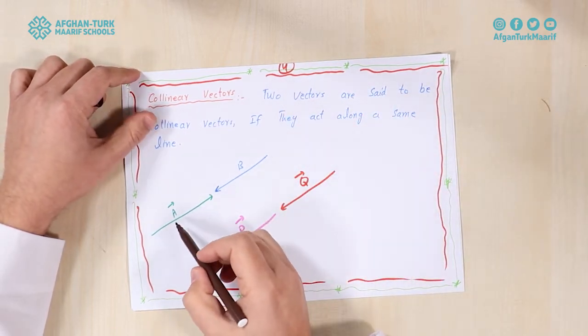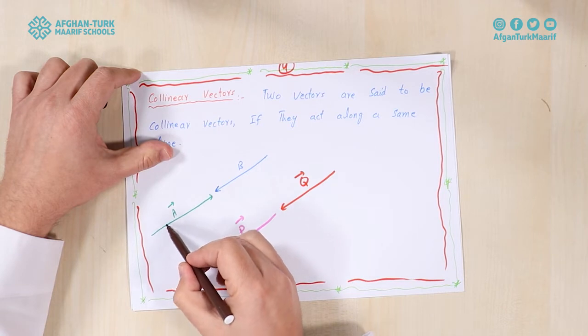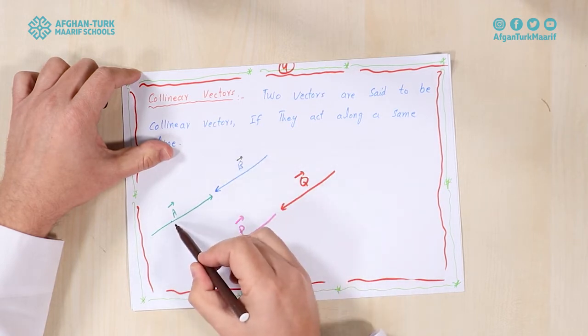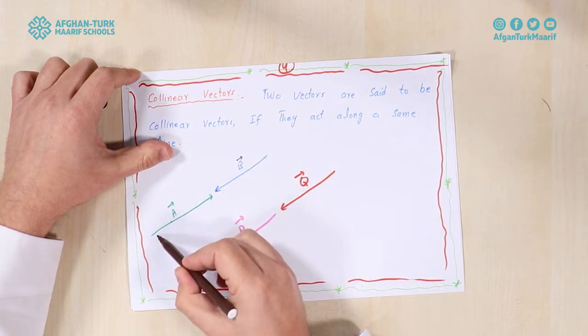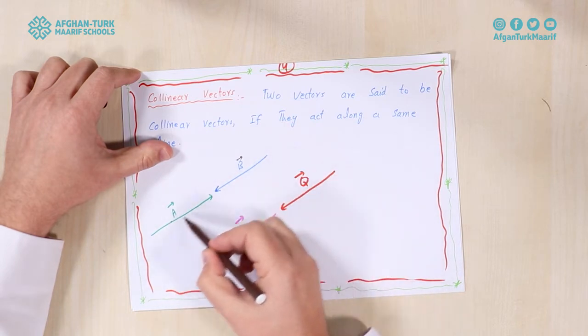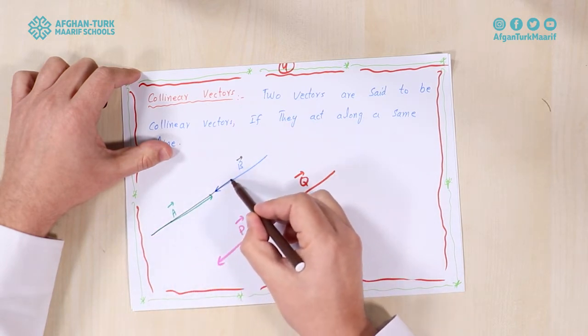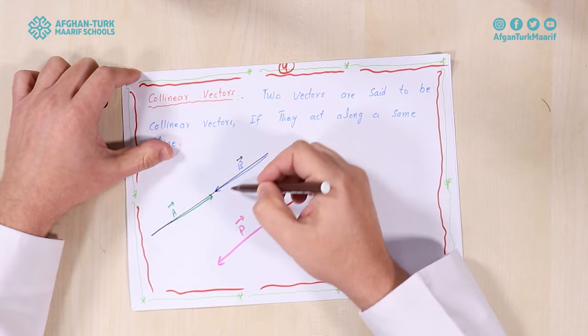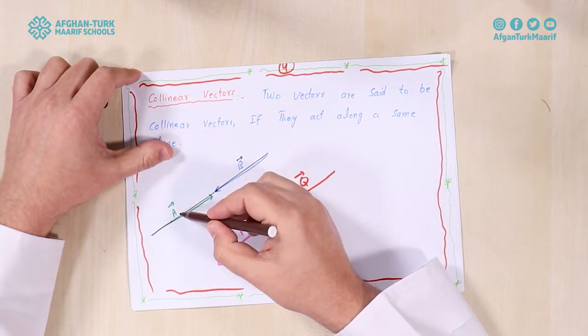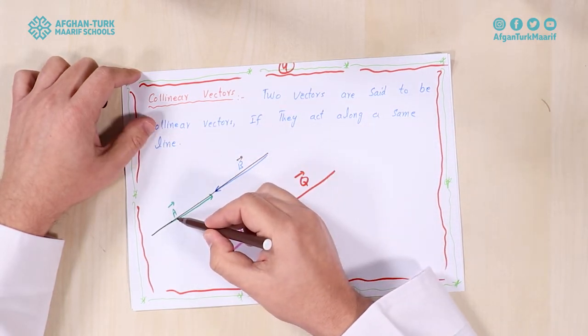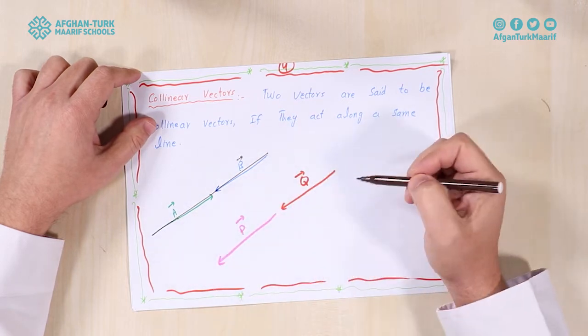How? For example, vector A and vector B, both vectors lie on the same line. Let's suppose these two vectors are on the same line. So this is called collinear vector, or we can say vector A and B are collinear.